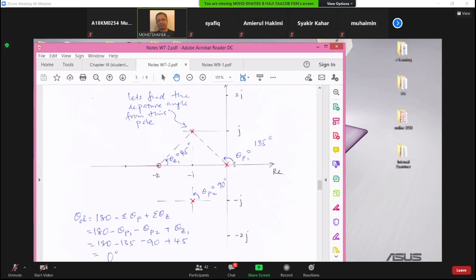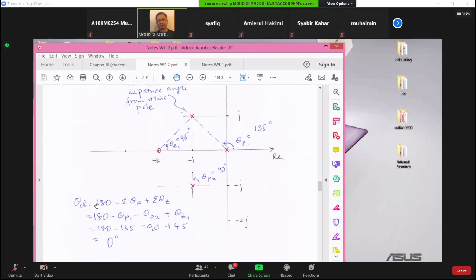The angle from the pole at the origin is, in this example, 135. The angle from the other complex pole is 90, and the angle from the zero is 45 degrees. So the departure angle is computed by 180 minus the summation of theta p plus the summation of theta z.